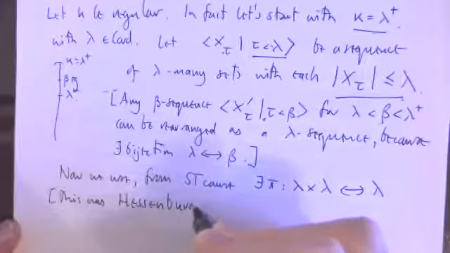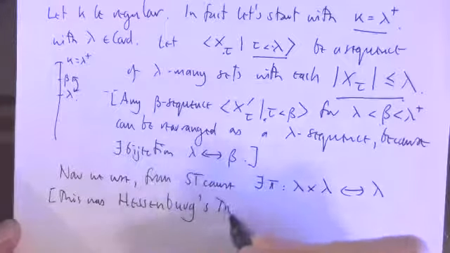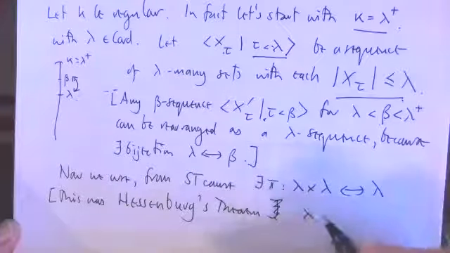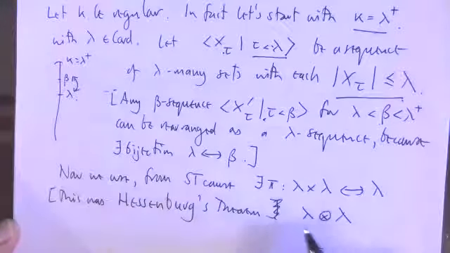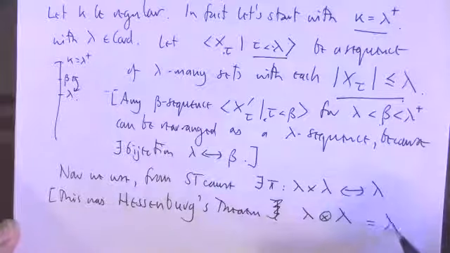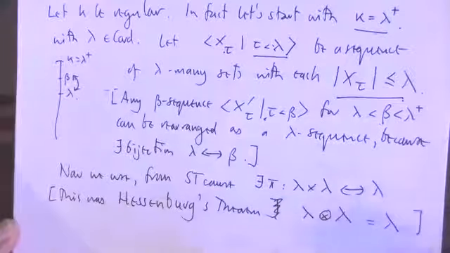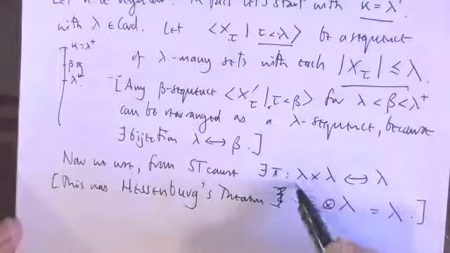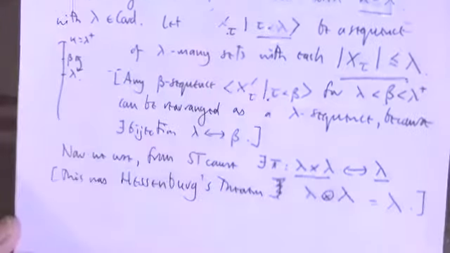If you want to look up those notes from that course, there we showed something like cardinal multiplication, lambda times lambda was lambda. That's what we're using here. So there's a bijection between this Cartesian product and lambda.